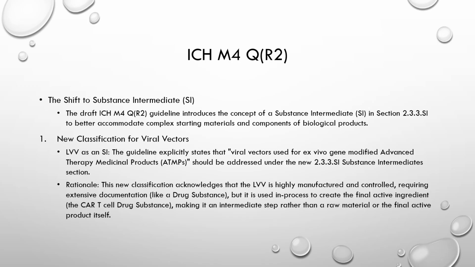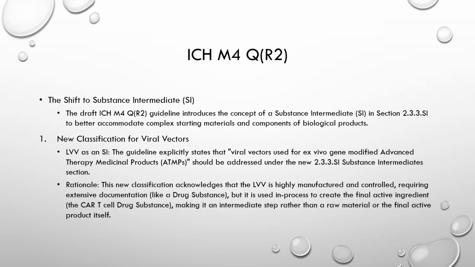The rationale is that the new classification acknowledges that lentiviral vector is highly manufactured and highly controlled, and it requires extensive documentation, just like a drug substance. But it is used in process to create a final active substance, which is the CAR T cell drug substance, and therefore it is an intermediate step rather than the raw material or the final active itself.